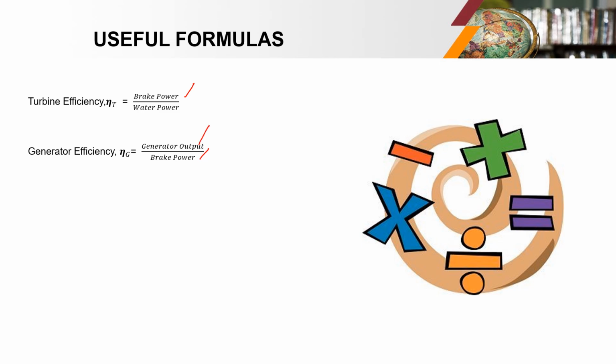Kanina, yung turbine natin mag-harness ng flow energy from the water, gagawing mechanical energy. Yung mechanical energy, which is the brake power, will now then dadaan siya sa generator. Siya naman yung input ni generator na mag-create ng generator output. So that will be our generator efficiency, yung output ng generator over the brake power.